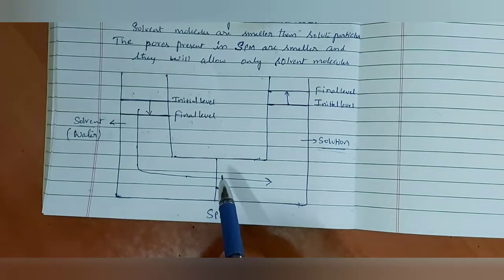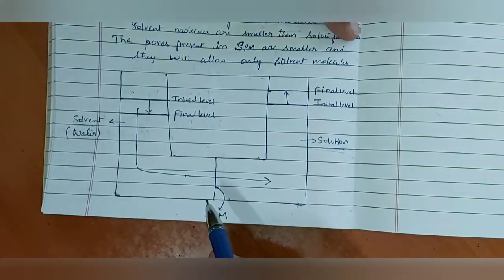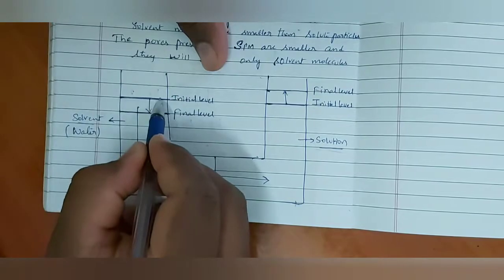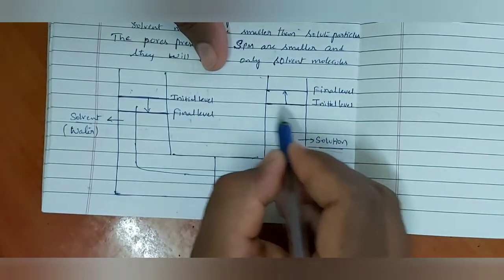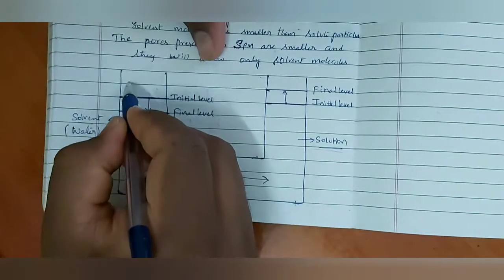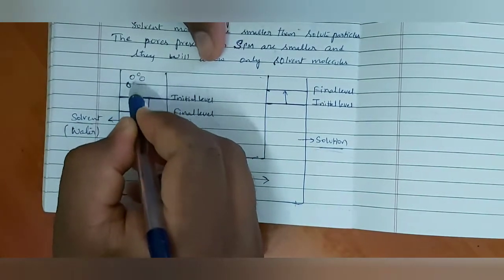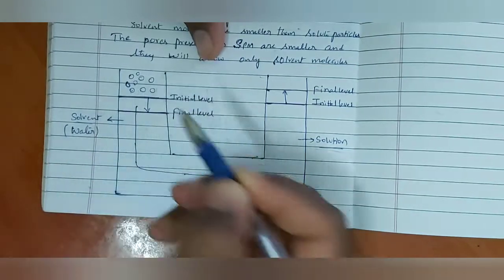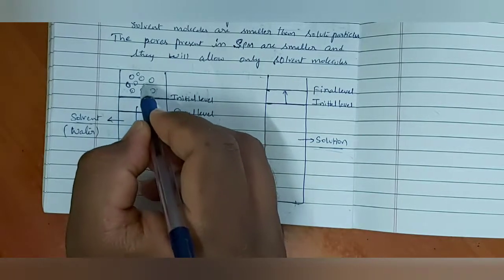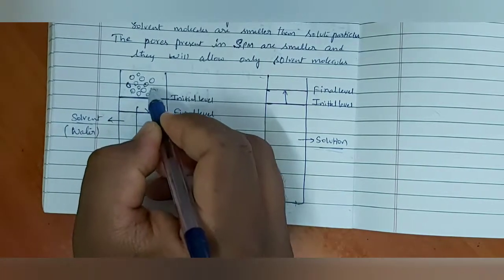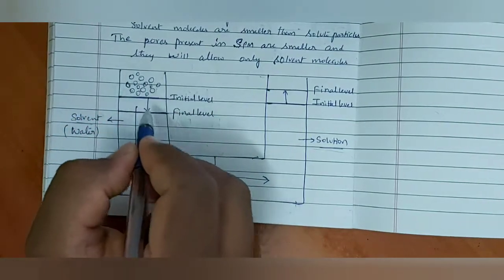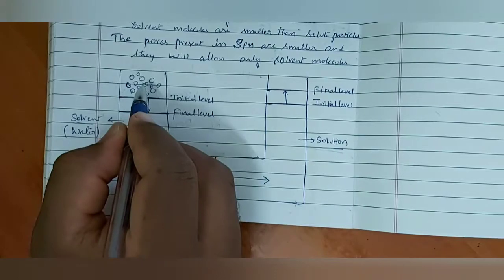We have to take the help of vapor pressure again. Is it okay? Now see. This is the initial level of the solution. At that time, some molecules of the solvent will be converted to the gaseous state. 1, 2, 3, 4, 5, 6, 7, 8, 9, 10, 11, 12, 13, 14, 15. 15 molecules of the solvent will be in the vapor state.